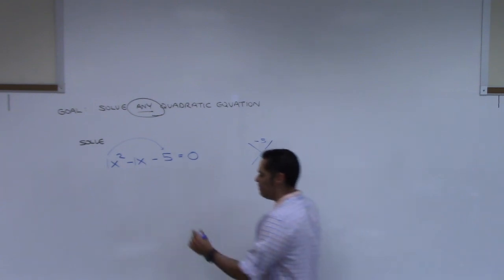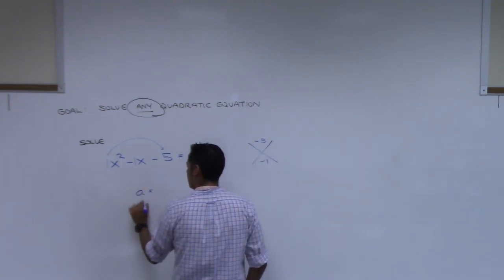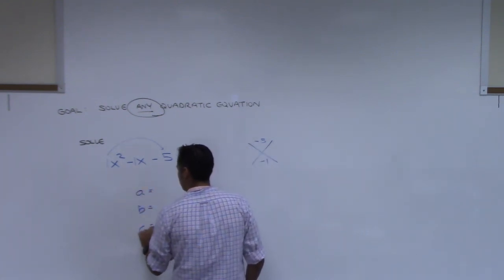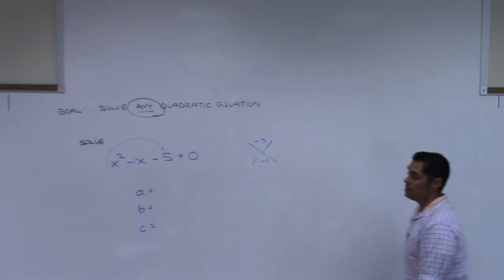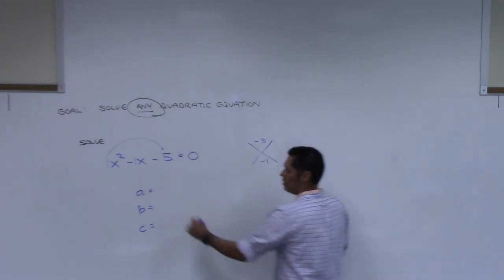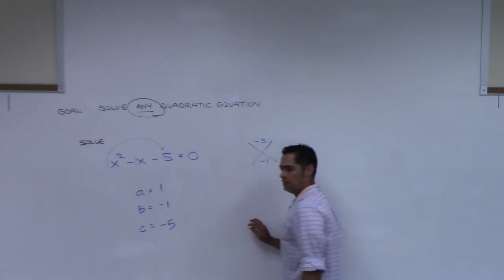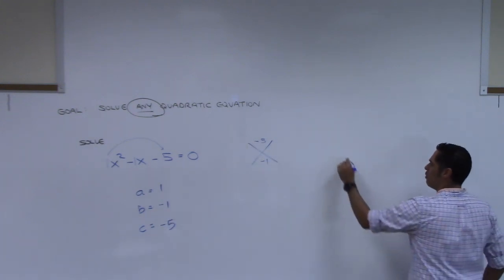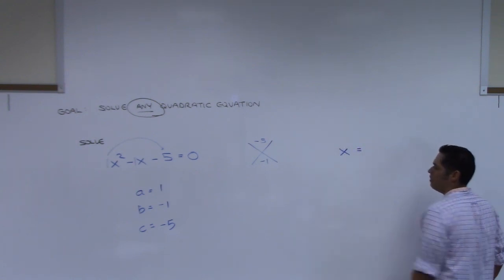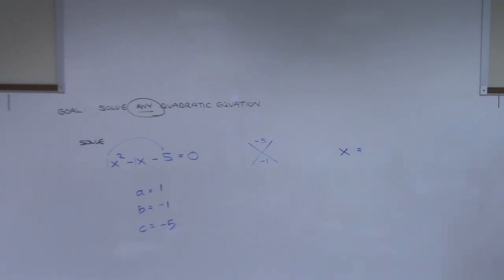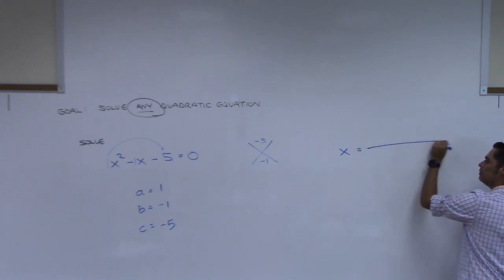So let's identify A, B, and C. A is 1, B is negative 1, C is negative 5. We go to the formula. First number is what? Do I need to write it down again?